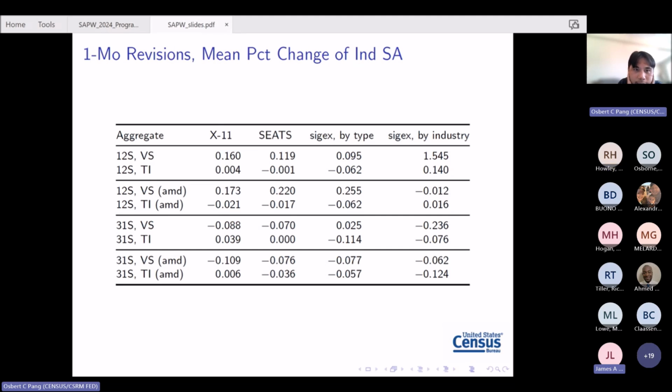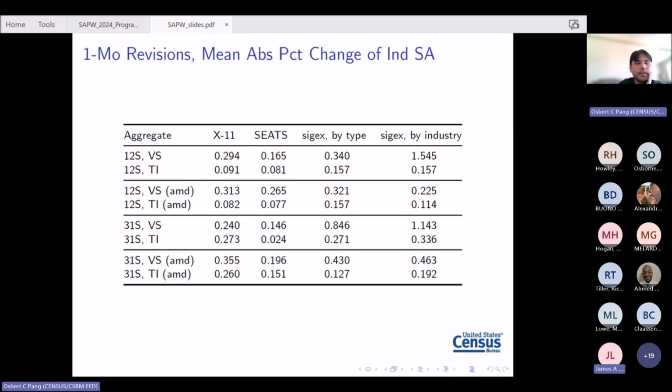This we're looking at is, well, I'll skip over, I'll list these specifically. What we do here is we chop off the last year of data.